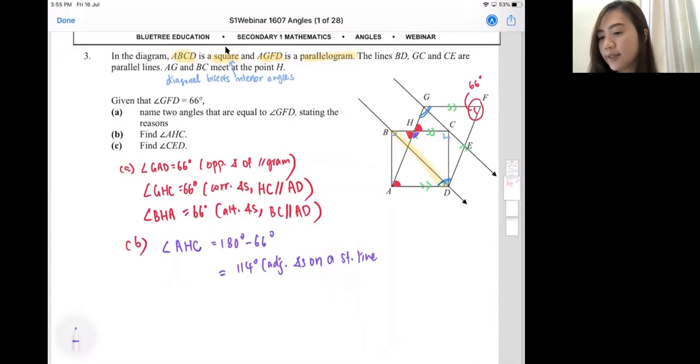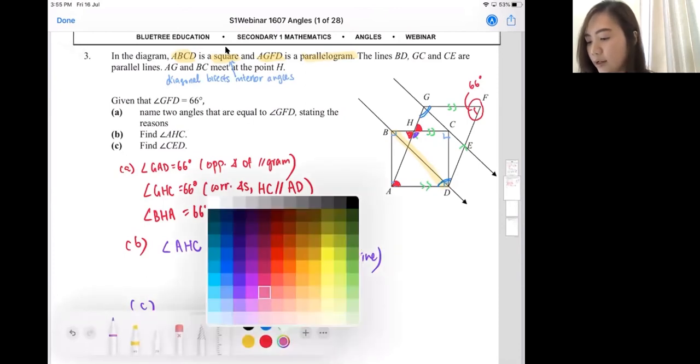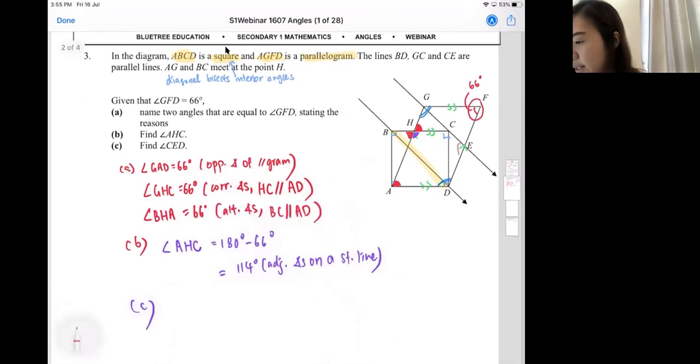Straight line. Okay, part C. CED. This angle here. Let me highlight in pink. This angle over here.